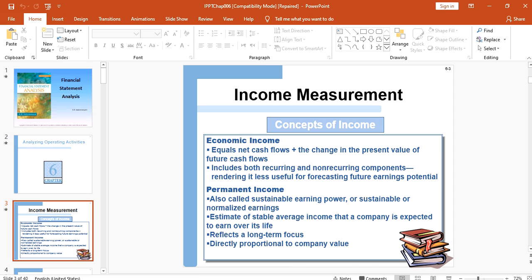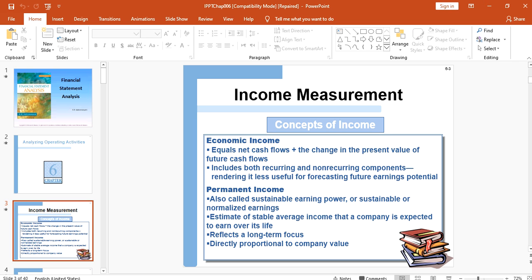So as we know, the bottom line of all operating activities for a company, for a business, will be measured by the income.